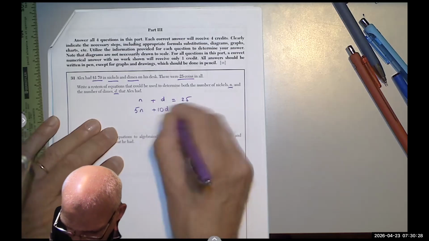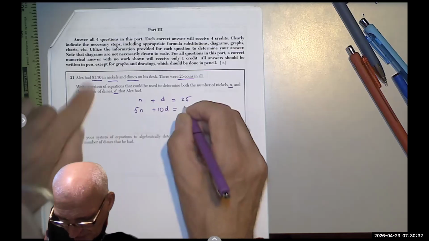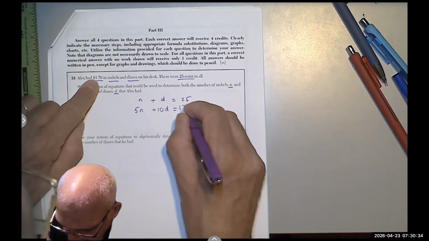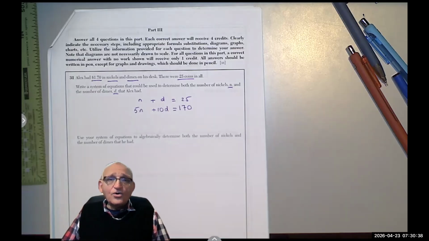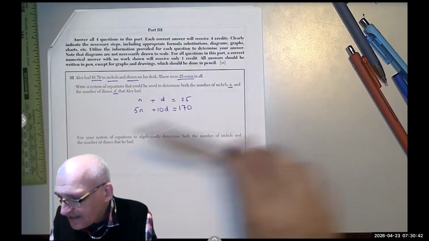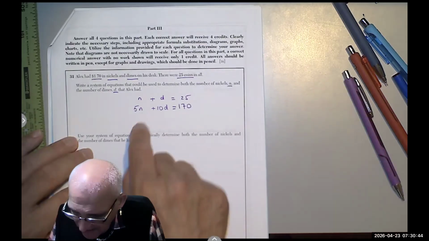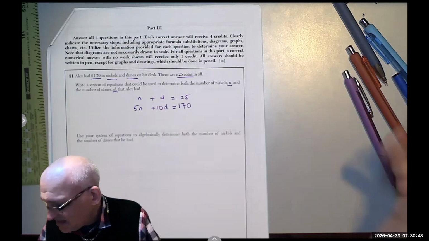And the sum of these two, because these are in cents, 5 and 10, I have to write as 170 cents. Then you can use your calculator, or I always prefer to use elimination. I see a 1 and a 5, 1 and a 10, I can take either one.